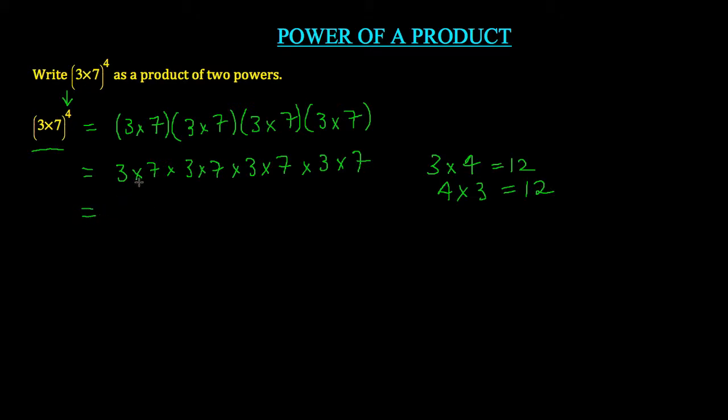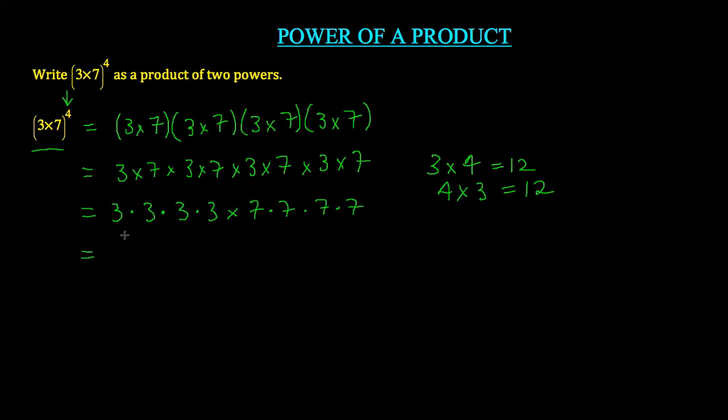Instead of 3 times 7 times 3 times 7 times 3 times 7 times 3 times 7, we could begin with multiplying all the 3's together. So we could write 3 times 3 times 3 times 3 times 7 times 7 times 7 times 7.